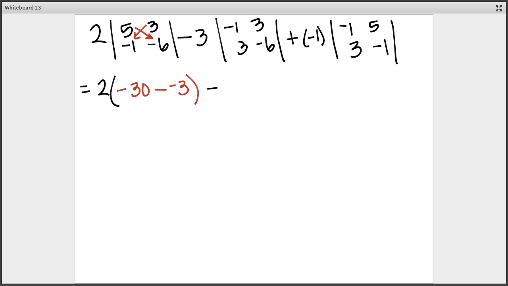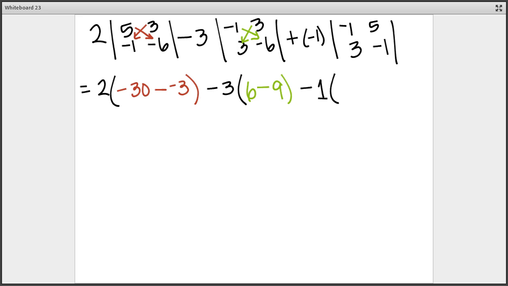And then we have a -3 times, and now the determinant of the middle one will be a -1 times -6, which is a +6, minus 3 times 3, which is 9. And then I have a plus -1. All right, well, I'm just going to write that as a -1 times.